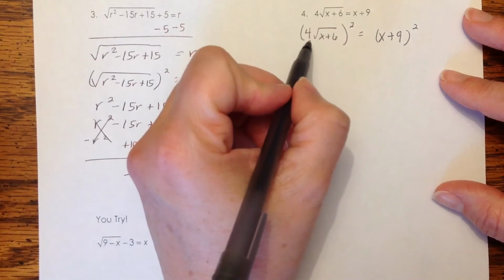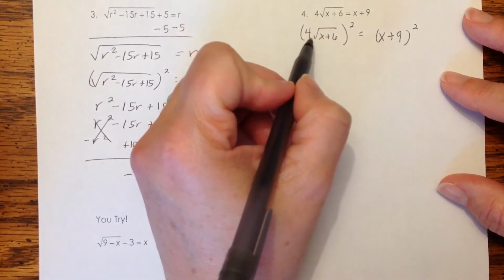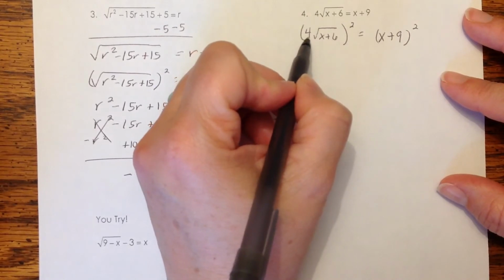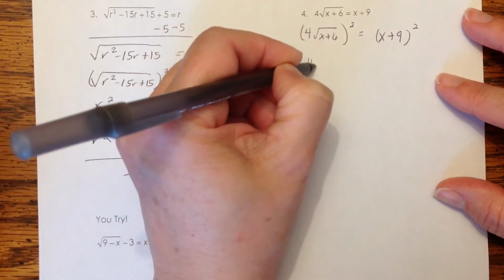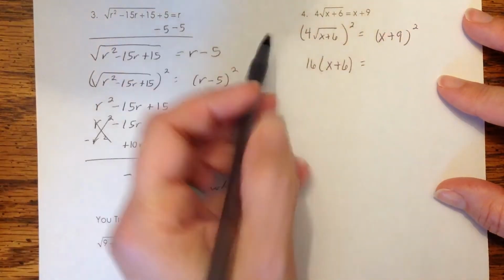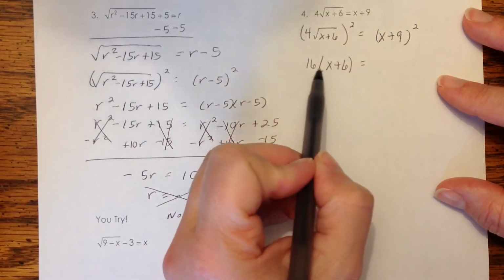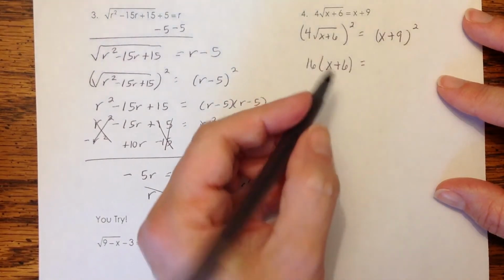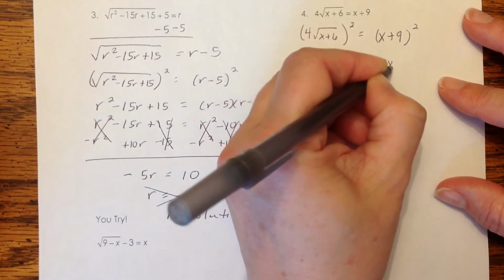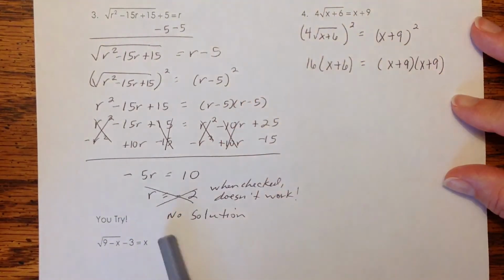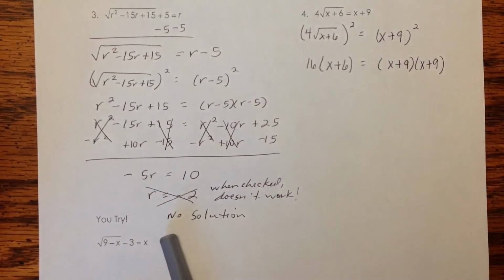So right here, this is not a binomial because there's no addition or subtraction. So you're going to use the power rule. So you're going to take 4 and square it and get 16 times x plus 6. When you square a square root, it cancels, but this multiplication between parts is still here. Then you're going to take x plus 9 and you're going to write it twice because that is a binomial and therefore needs to be FOILed.